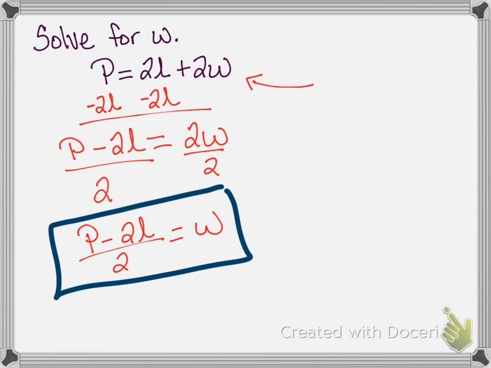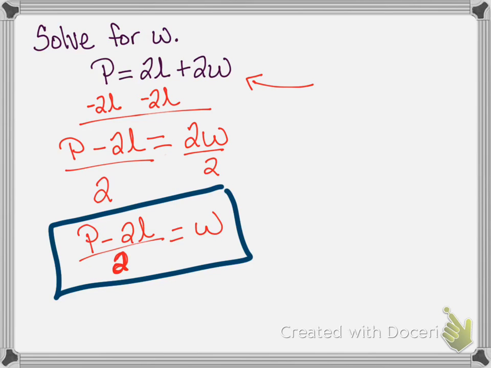However, some of you will say to me, Alicia, can't I cancel the 2's? I've got a 2 on the top and I've got a 2 on the bottom. Why can't I cancel the 2's? You can cancel the 2's. However, my 2 in this denominator right here belongs to both the P and the minus 2L.